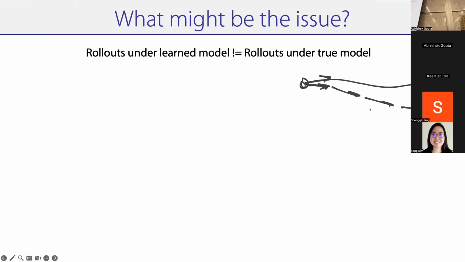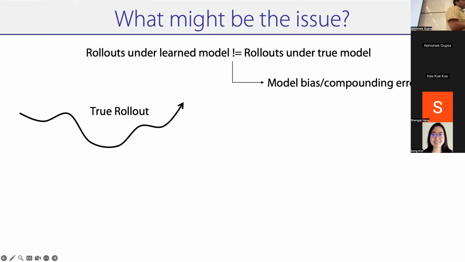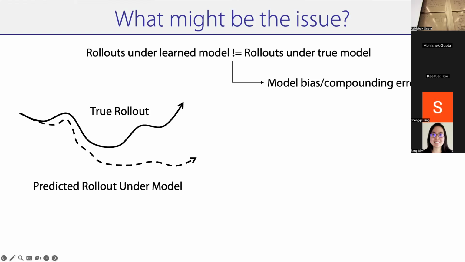The way this manifests in models where your input is images is that the images will get more and more blurry. Often you'll see video prediction models have blurriness after 10 or 15 frames. It's often called model bias, compounding error, just a name. But it manifests in almost the same way as imitation learning.